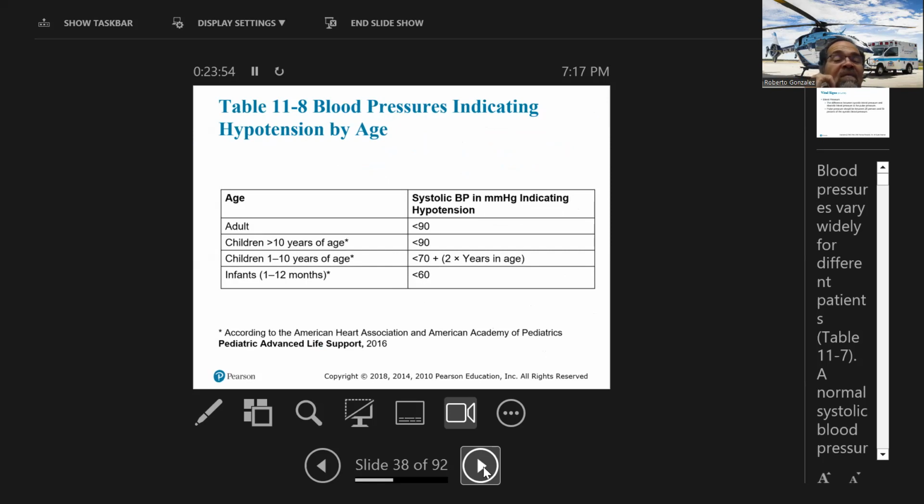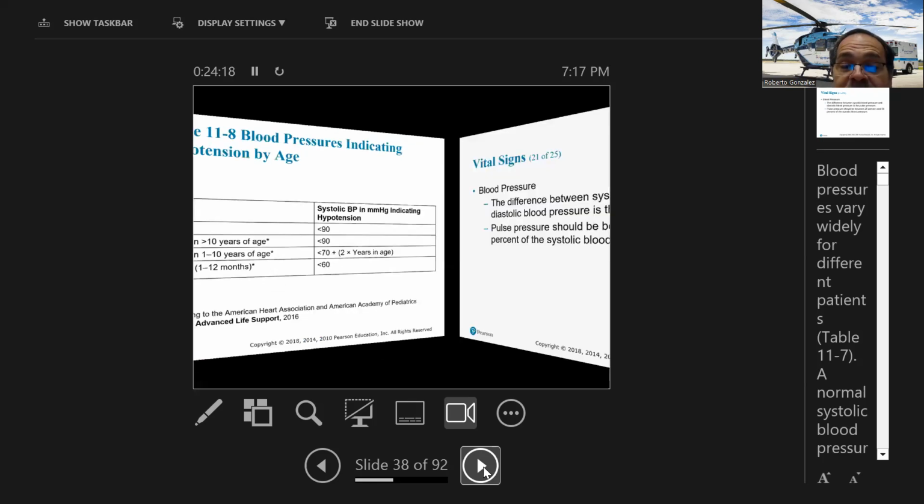So let's say the kid is 8 years of age, well, you're going to multiply 2 times 8, it's going to be 16. Okay, so 70 plus 16, it'll be 86, I'm sorry. I suck at math. In infants, 1 to 2 years of age, anything less than 60.